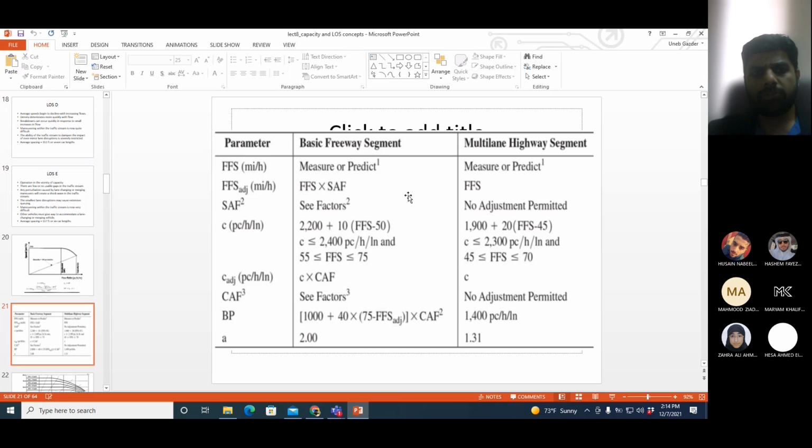Okay, so we are taking the values from here. Breakpoint equation: 1000 plus 40 into 75 minus FFS adjusted into the capacity adjustment factor. Now again, no adjustment conditions are given. So whatever FFS I've calculated, that is the final value, and I don't need this factor as well. This will become 1. So I can directly calculate the breakpoint.